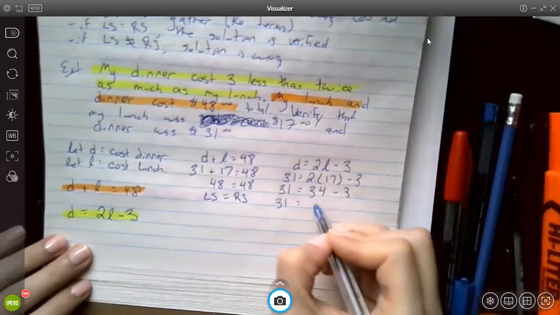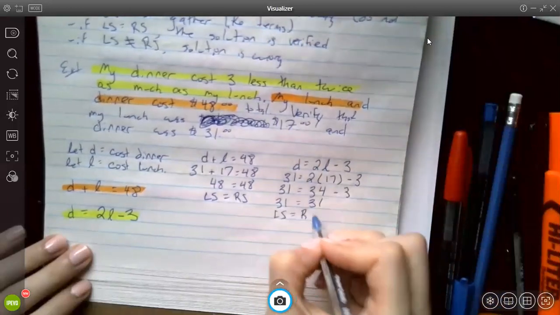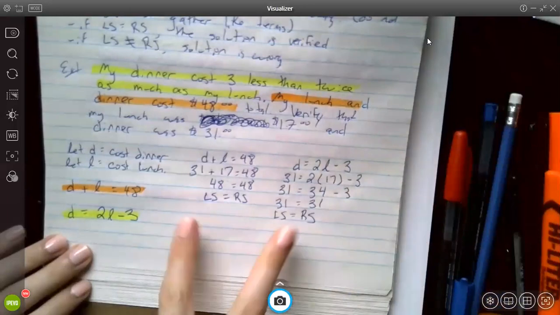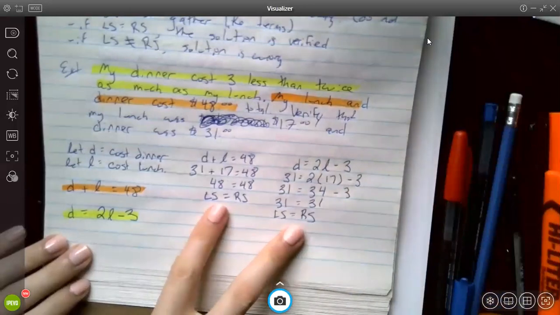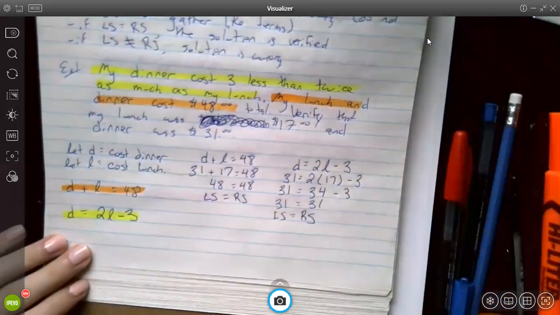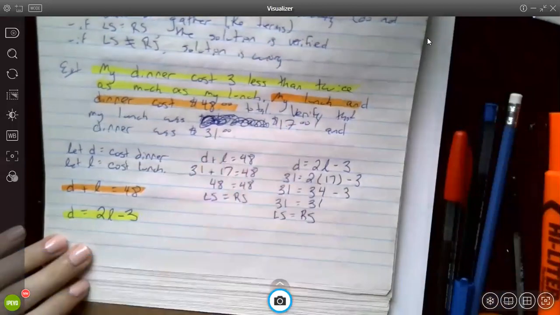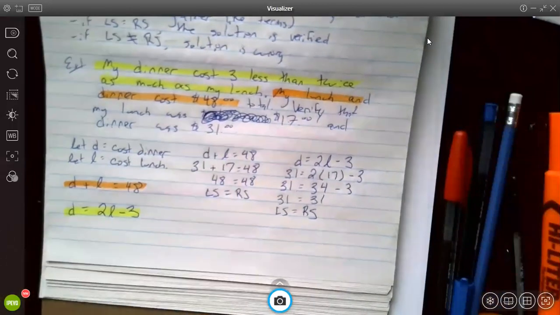And 34 minus 3 is 31. So I once again have left side equals right side. As soon as I see these two left side equals right sides, then I have verified my solution. So that means that the solution of the dinner being $31 and the lunch being $17 was correct. Okay, so that's what you'll be working on today.